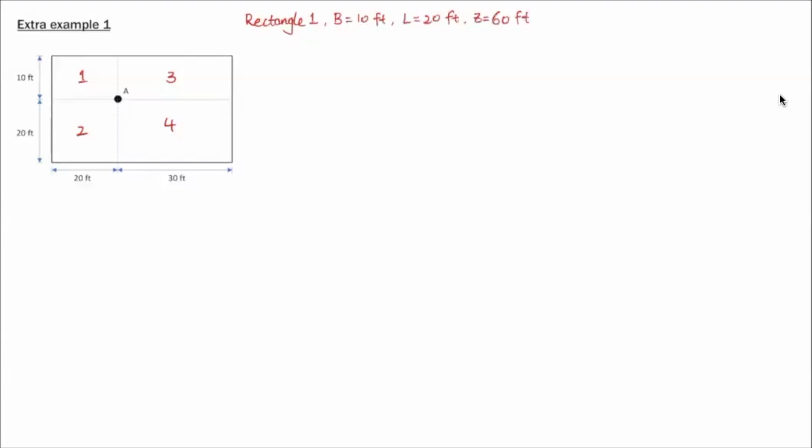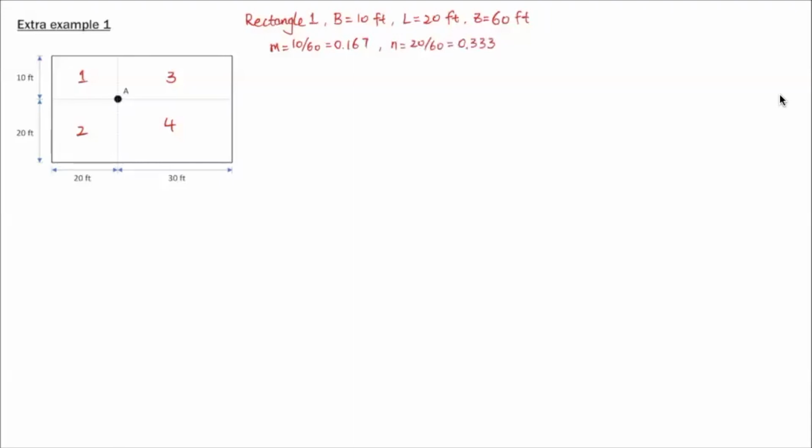For this one, M is 10 over 60, 0.167, and N is 20 over 60, 0.333. Let's keep 3 digits here. So that's the M and N value. Now let's look at table 10.10.